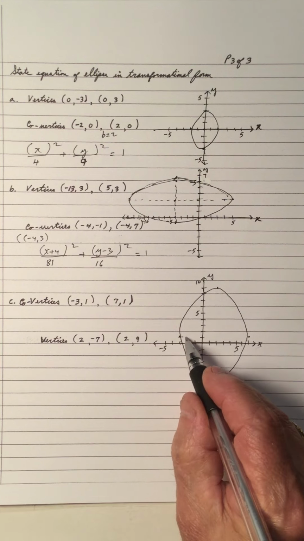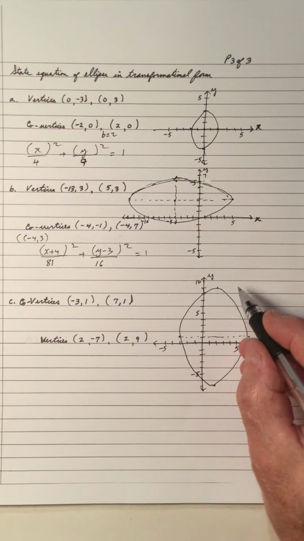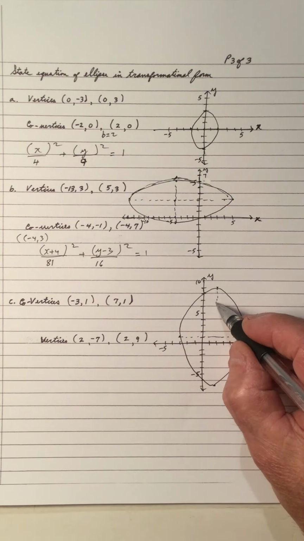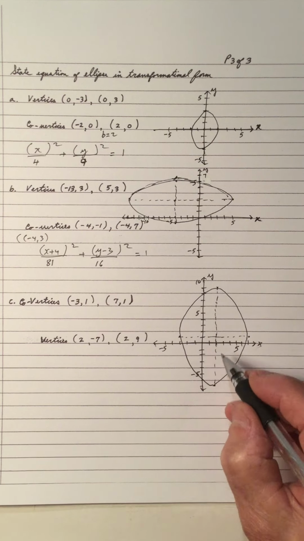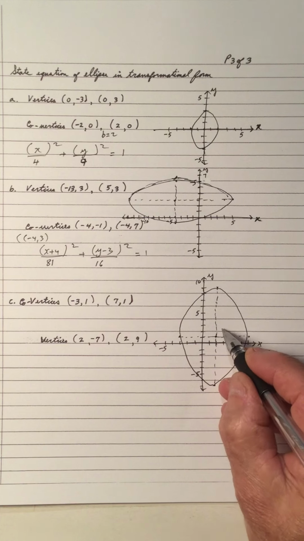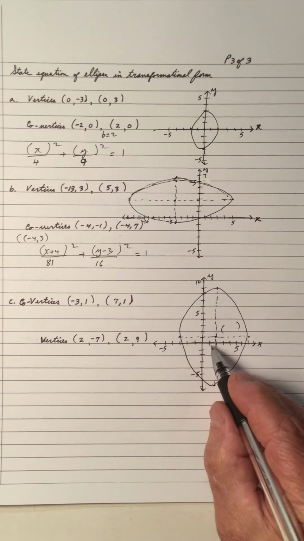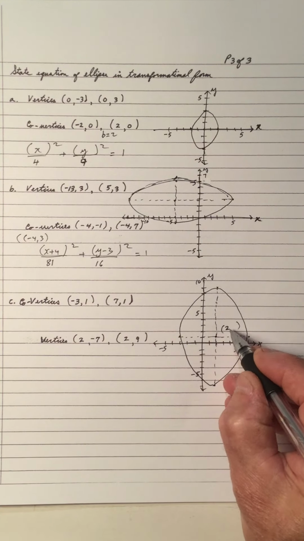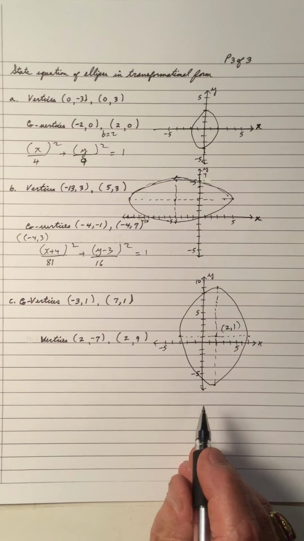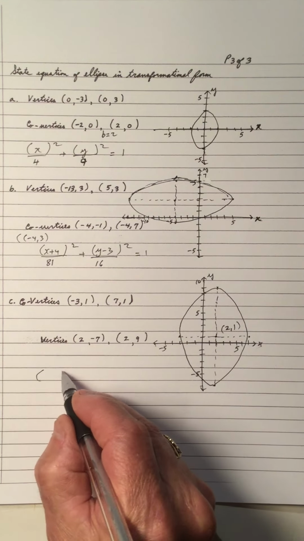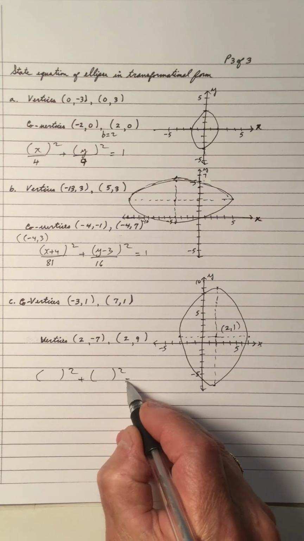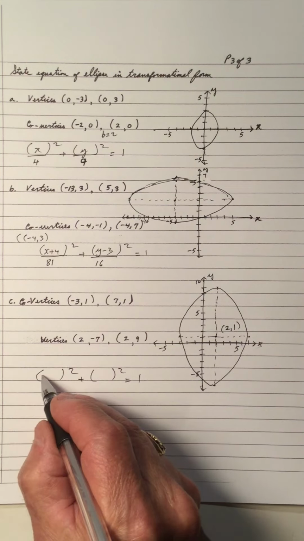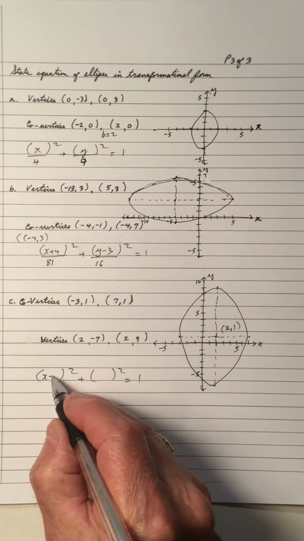So the center, draw a vertical axis and a horizontal axis, and they both intersect here. So this point right here is x is 2, y is 1. Okay, so we got 2 and 1, so we can fill that in. So the center is 2, so that's an x minus 2.